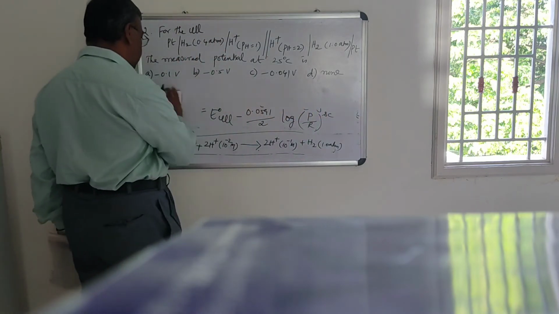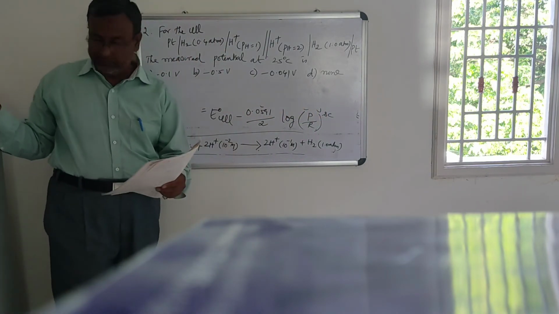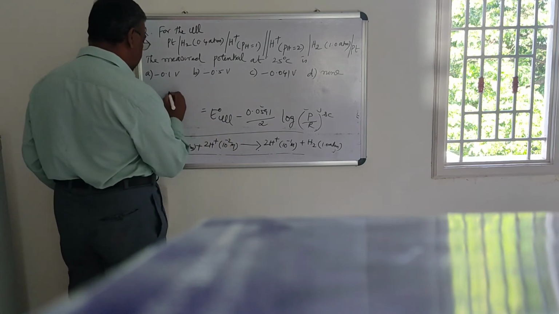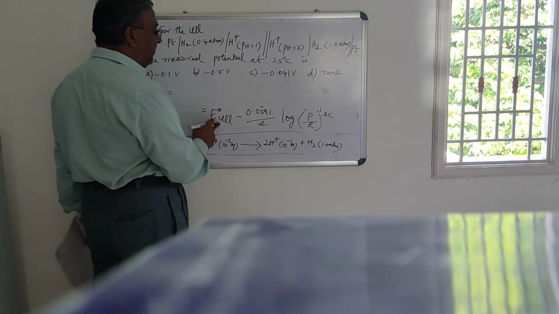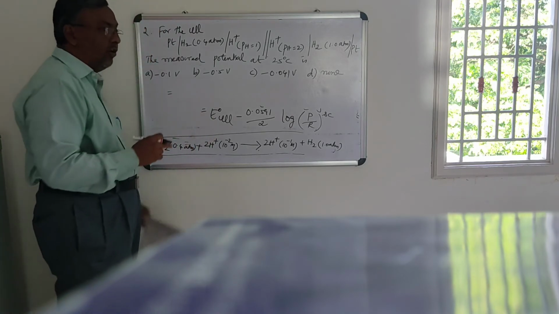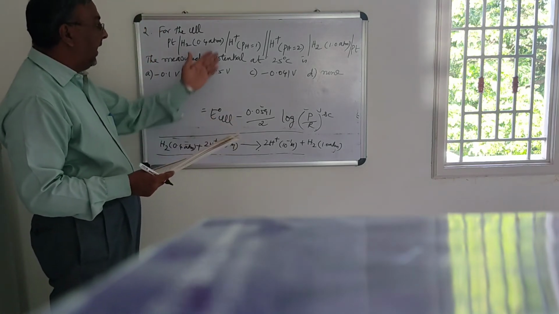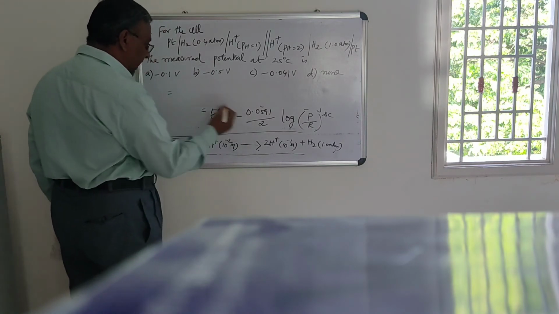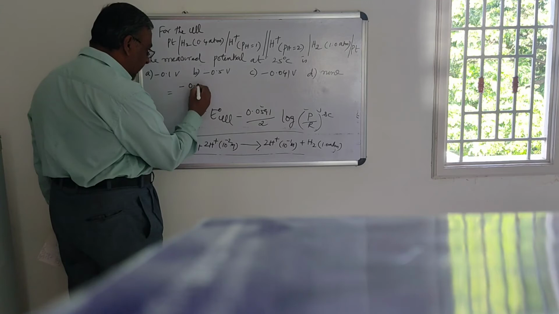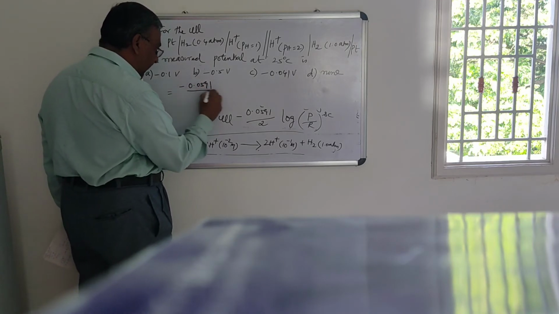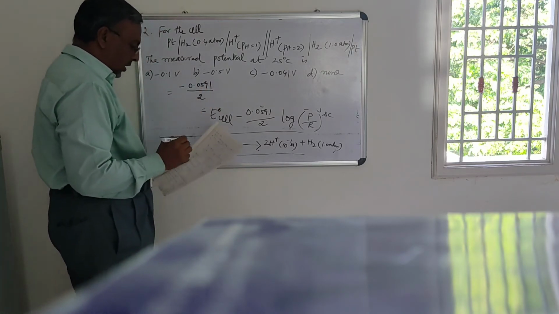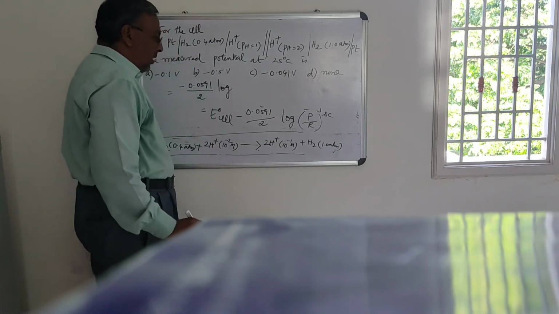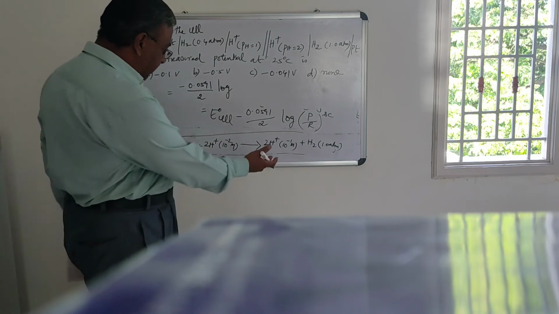Here the E naught of the cell is 0 because it is a hydrogen electrode whose standard EMF is equal to 0. Therefore, I can write it as minus 0.0591 divided by 2 log of, first the concentration of products.